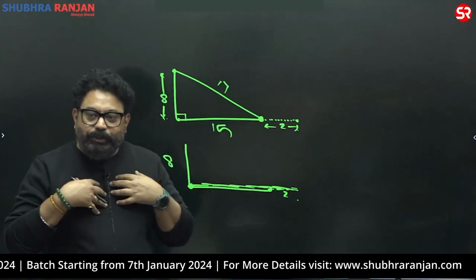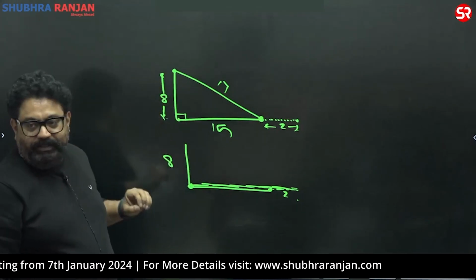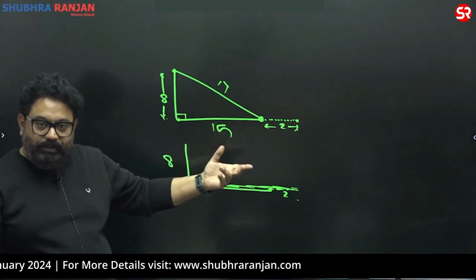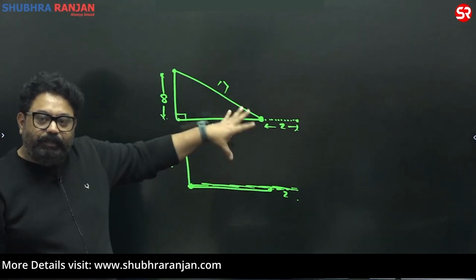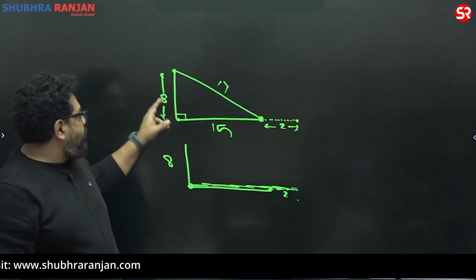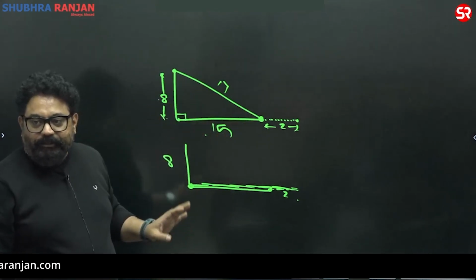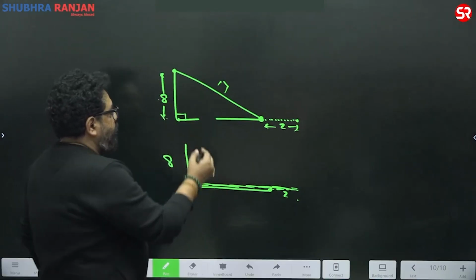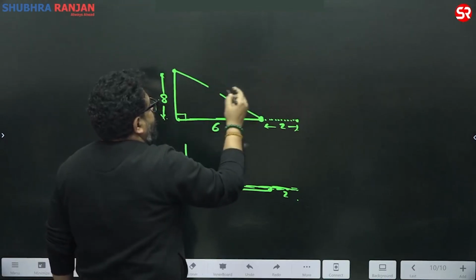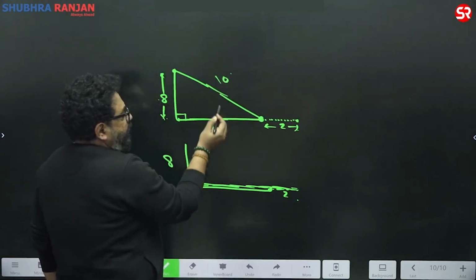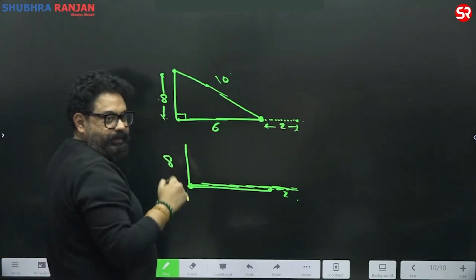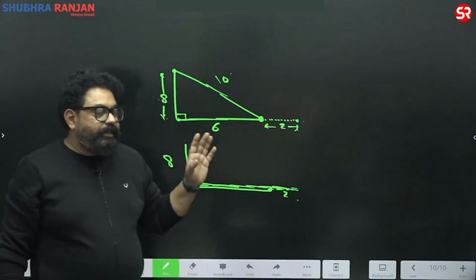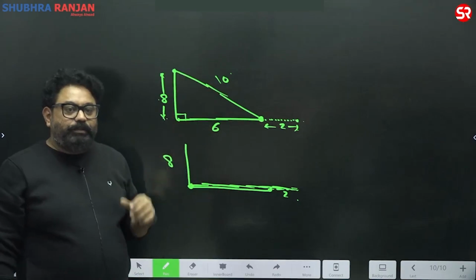So now you should also know that one side is 8, remaining two sides have to be found. One way is fixing up a Pythagorean triplet. Either you fix 8, 6, 10. In this case if I take it 2 meters away, 6 plus 2 is 8. The top of the ladder won't fall to the bottom of the wall.